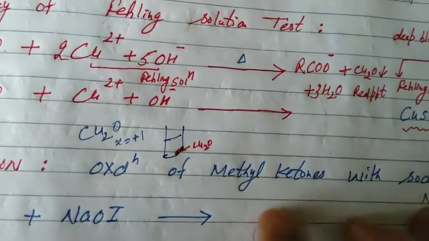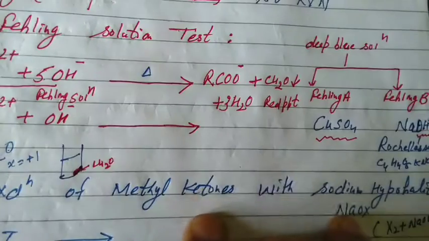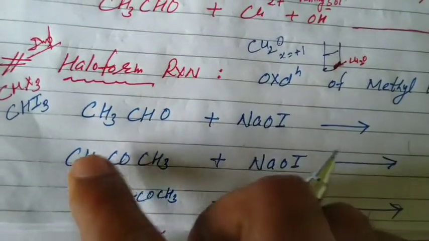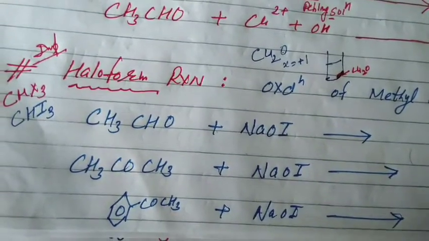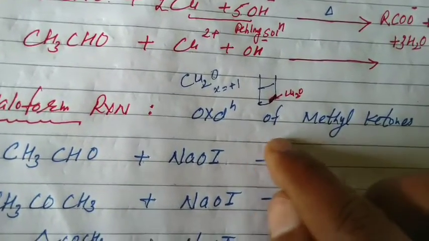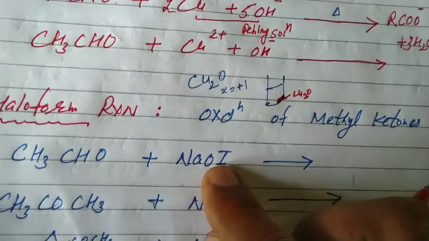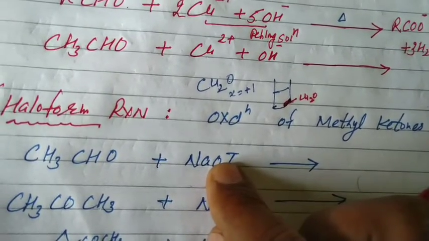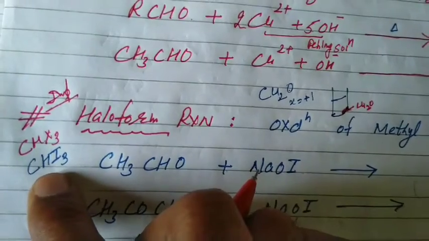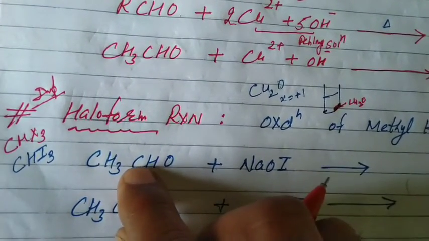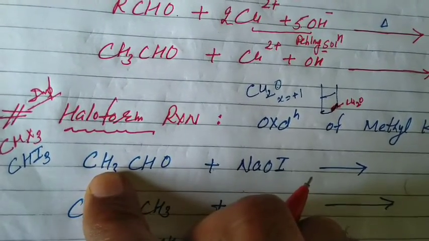Haloform reaction is oxidation of methyl ketones with sodium hypohalite, given only by those carbonyl compounds which contain a methyl group adjacent to the carbonyl carbon atom. What will happen? You can write either I2/NaOH or treat with NaOI. It leads to the formation of iodoform. The halogen is iodine, so definitely iodoform will be formed, but only if the carbonyl carbon is in direct link with a methyl group.